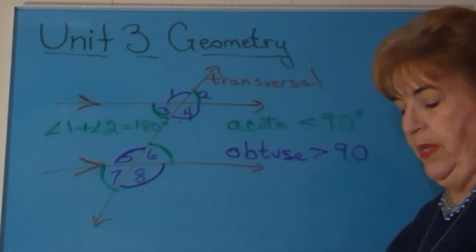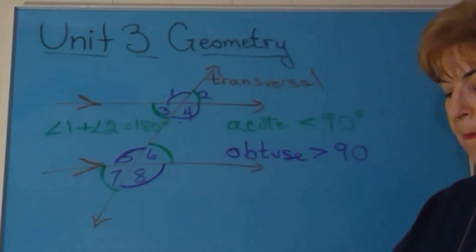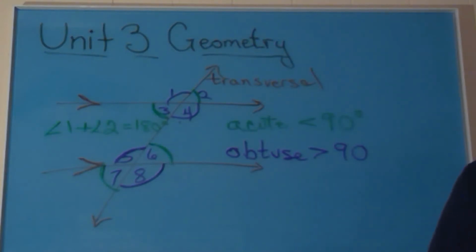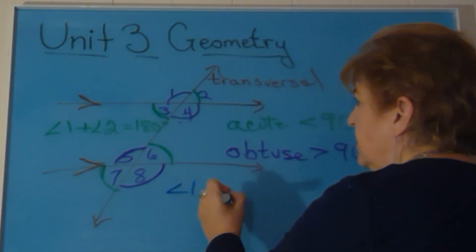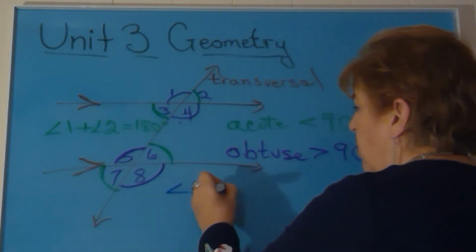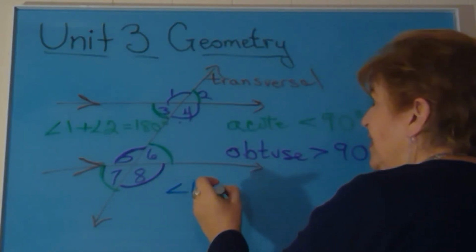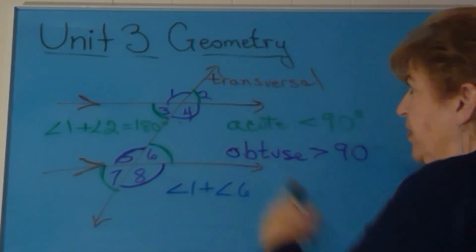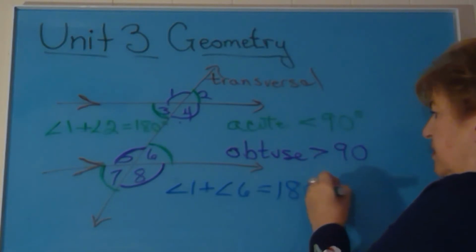We knew that from the information that we looked at earlier, but that also means if we look at angle 1, which is purple, and angle 6, which is one of the green ones, that's also going to be 180 degrees.